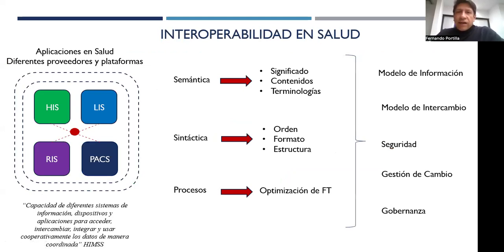So basically, interoperability tries to solve the following in health. We have different health information systems, and we have a communication problem. Communication between different platforms, different databases, different backends, different systems developed at different times with different infrastructure.